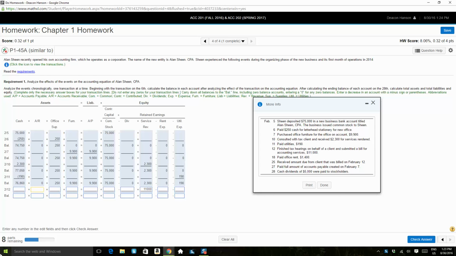Okay, and then we rebalance again, going right across one at a time.